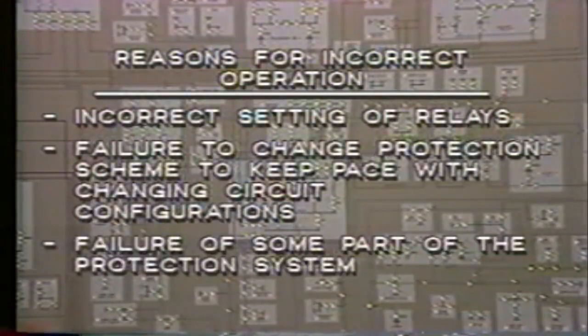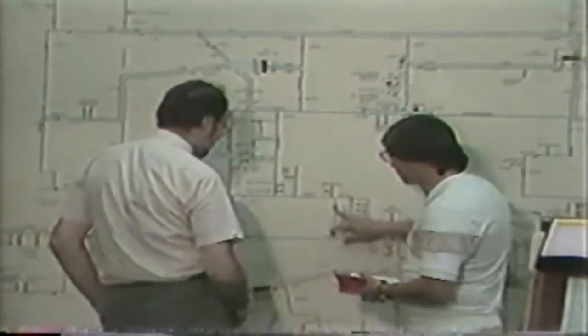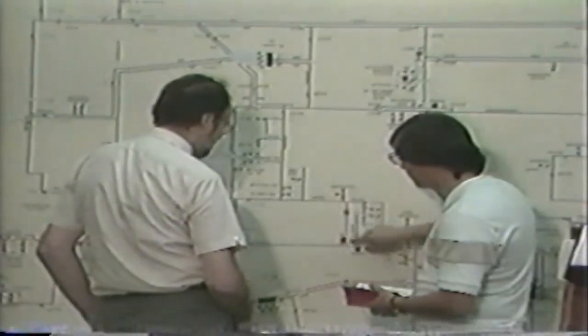Or 3, failure of some part of the protection system, such as the relays themselves, breakers, CTs or VTs, the station battery, the circuit wiring, and so on. With all of the variables involved, it's often quite difficult to carry out this post-mortem and deduce what actually happened.